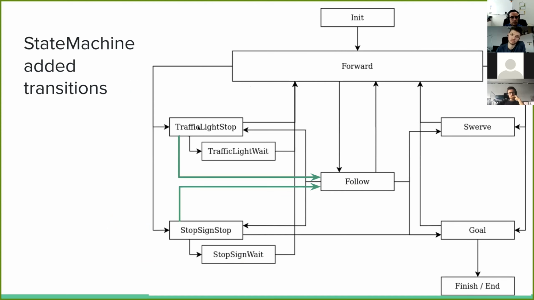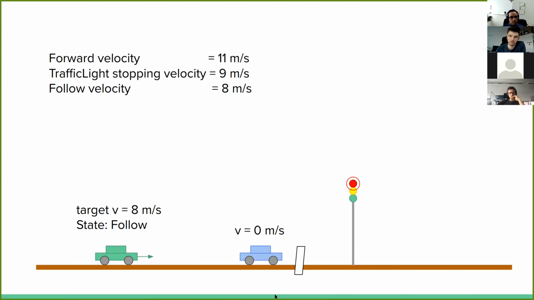And out of this mode, it was previously only possible when the traffic light went green, then we would go to forward, and the other way out was only if we make a stop. But currently the stop would have been here. So it means that we couldn't go to follow mode, and the stop point was the stop line, and we would stop where this car actually is. It means we would have crashed. So we added this possibility that we can at any place go to the follow mode also.